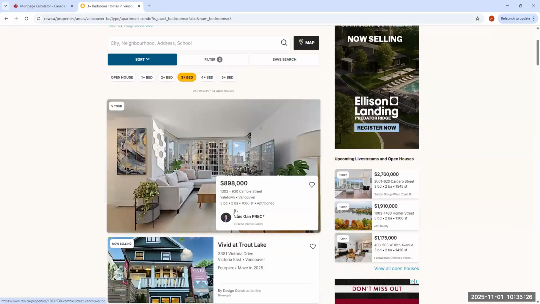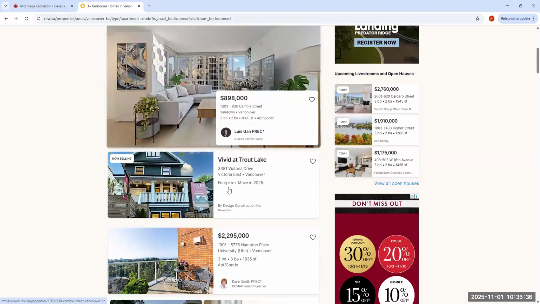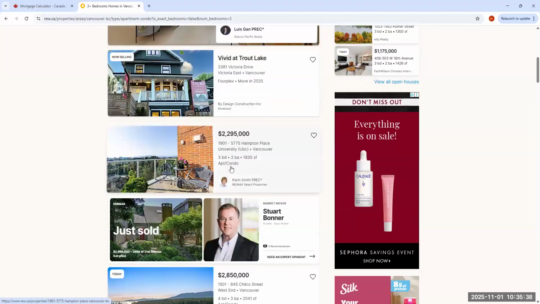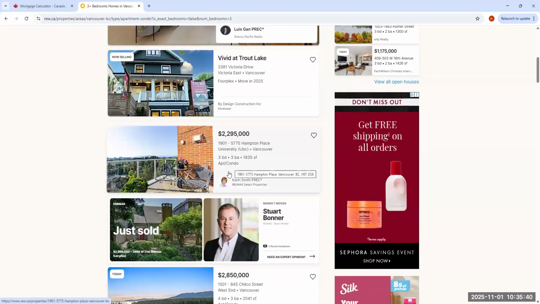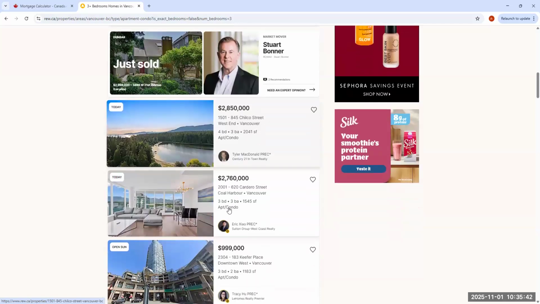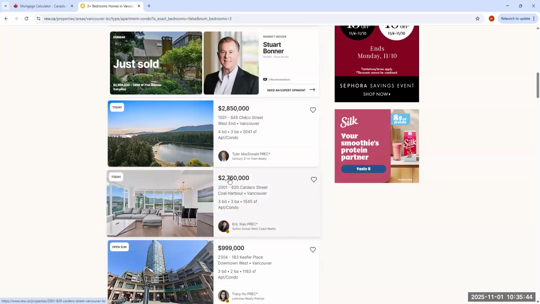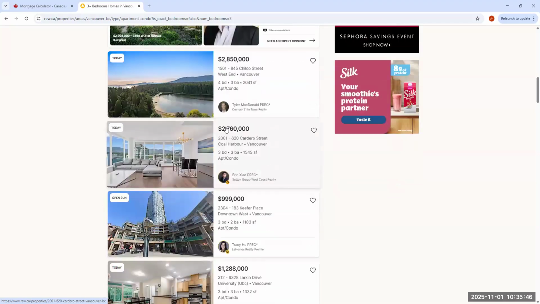So if we want a 3 bedroom, 2 bedroom, 1,080 square feet condo in Yaletown, that's how much they're asking. Let's go a little bit down. Now we're going higher, to the 3 bedroom. This will probably be a little bit more realistic price.